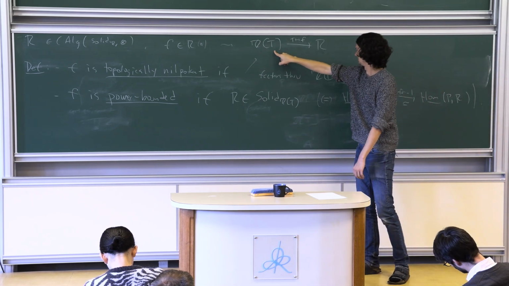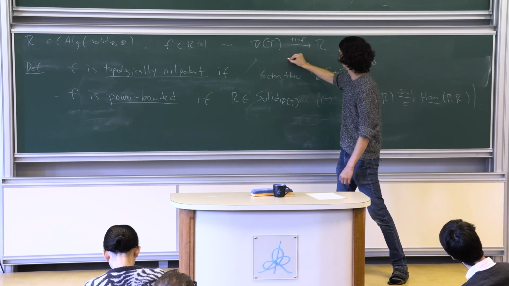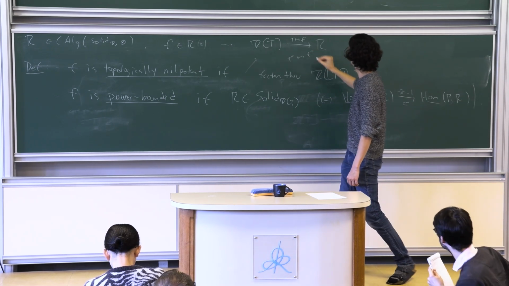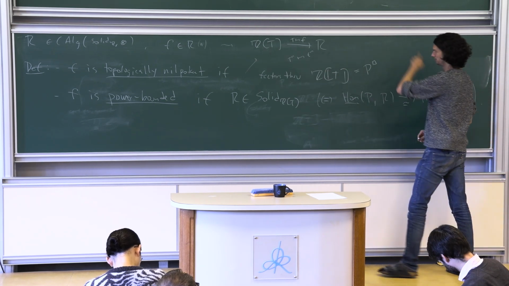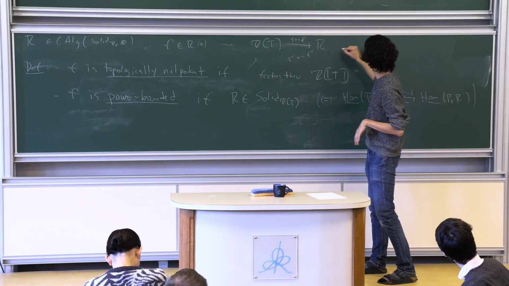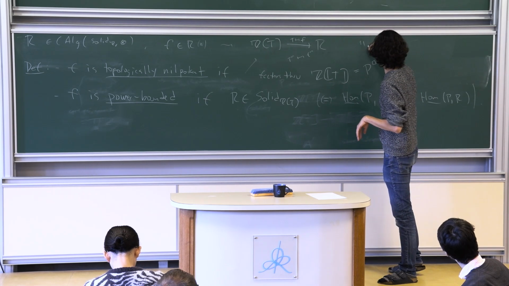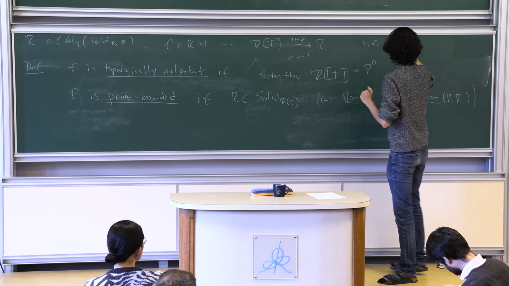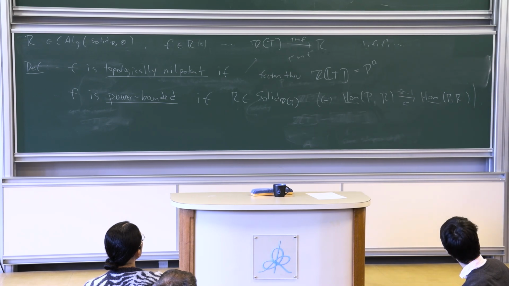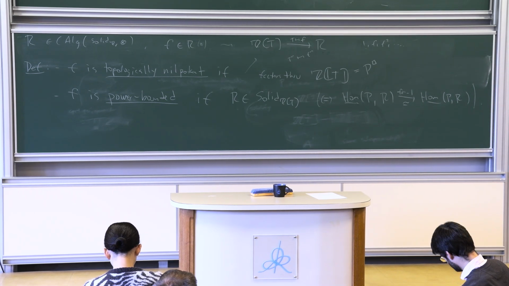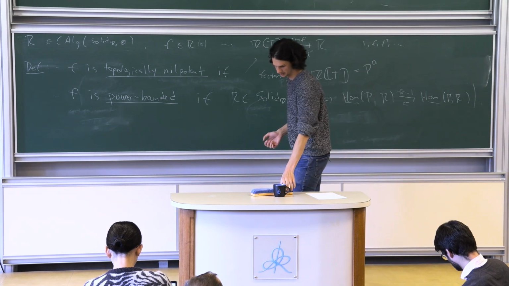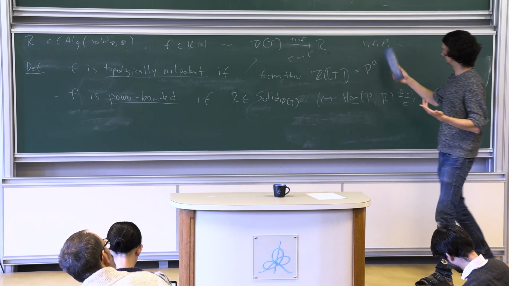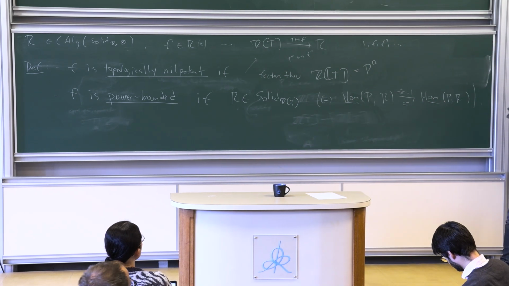This map sends T to f, but it's a ring homomorphism, so it sends T^n to f^n. Saying that it factors through P is the same thing as saying that the sequence 1, f, f squared, and so on, extends to a null sequence, which is exactly the same thing as being topologically nilpotent. The new phenomenon in the solid case is that such a limit is unique if it exists. That's kind of fun.